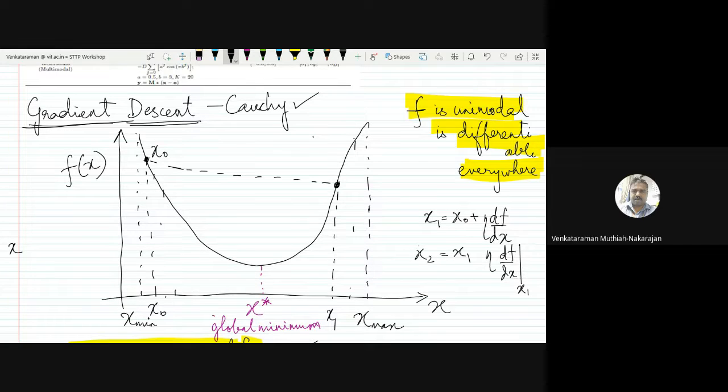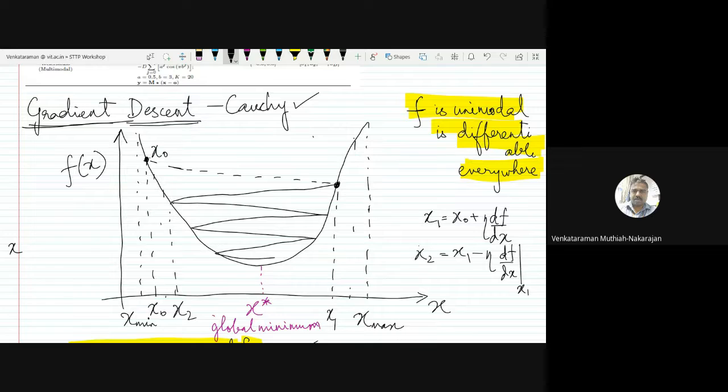Because the slope is positive and eta is also positive, when you multiply these two quantities, your advancement will be from right to left. So our new x2 will be here. Okay. So as iterations pass, you will hit both sides, and at very large iteration, you will eventually reach the minimum.